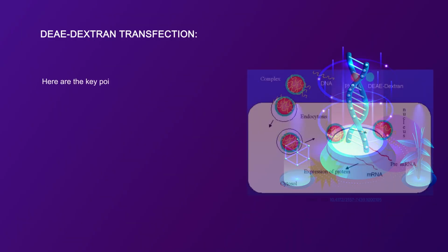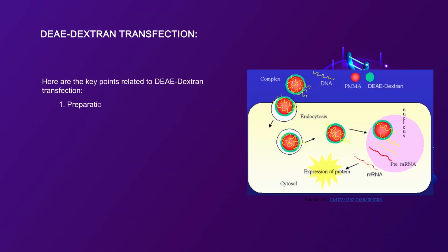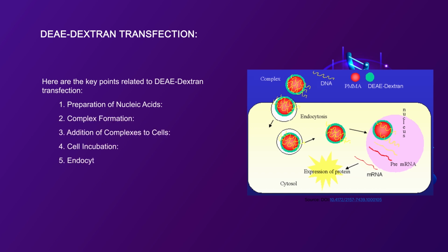for dimethylaminoethyl dextran, is a cationic polymer that can facilitate the uptake of nucleic acid by the cell. The steps involved in this process: we start with the preparation of a nucleic acid solution. DNA or RNA to be transfected is prepared in a separate solution at an appropriate concentration.